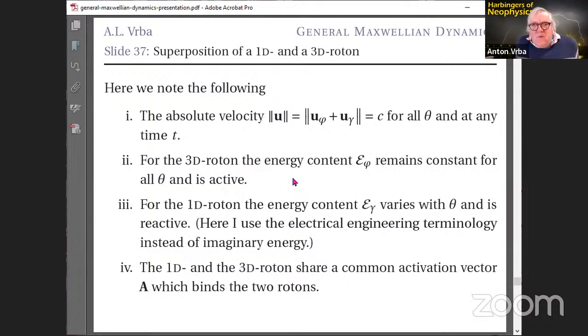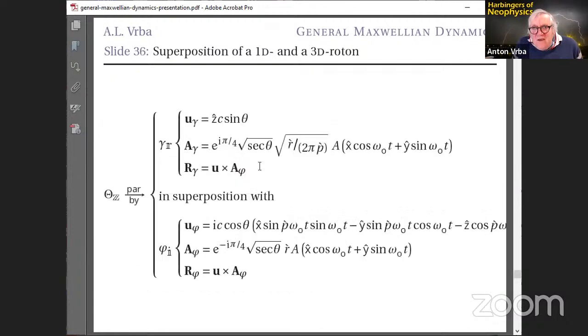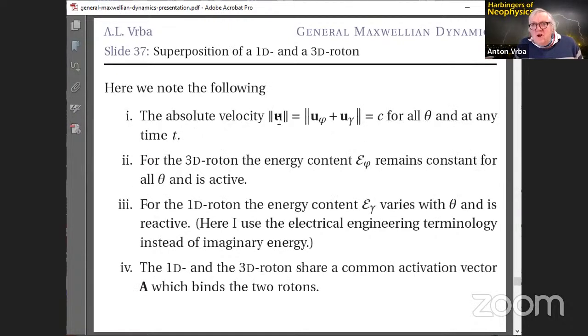We note that the absolute velocity of the way that I've defined it here is c sine theta plus c cos theta. Okay, I need to square those. So the absolute velocity is equal to c, although part of it is imaginary or complex.